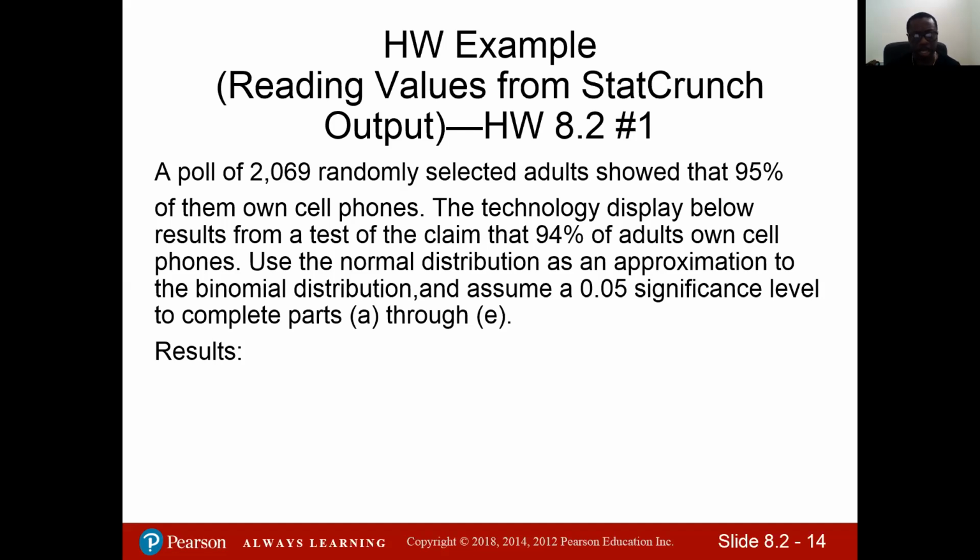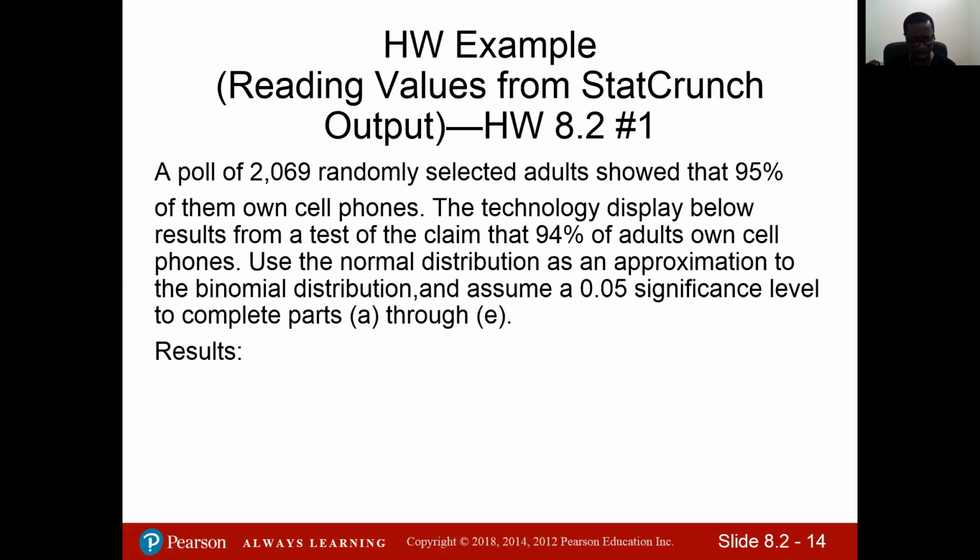All right, so here's a question. It said a poll of 2,069 randomly selected adults showed that 95% of them own cell phones. The technology displayed below results from a test of the claim that 94% of adults own cell phones.